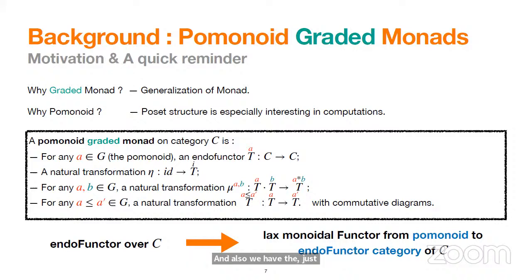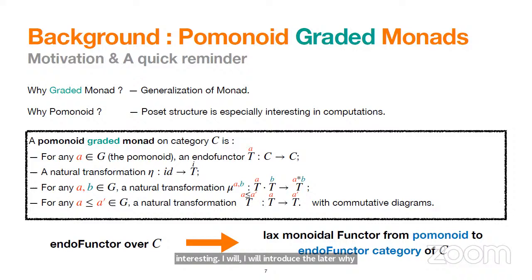We have the mu just like a graded monad, and especially for the pomonoid structure, for any relation A smaller or equal to A prime in the gradation, there exists a natural transformation from T of A to T of A prime, with all the commutative diagrams. This structure is especially interesting. I will introduce later why it's very interesting.